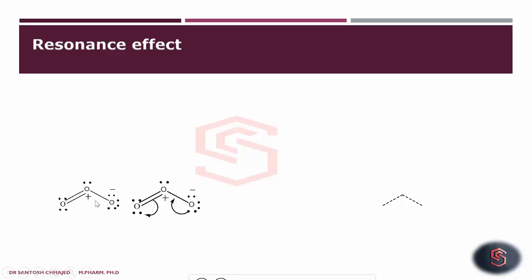Now what is the case? There are three oxygens. The middle one is electron deficient, so a positive charge is there. The one at the other end, the right-hand side, is rich in electrons. It contains excess electrons, so it is again unstable. Now these two are unstable for different reasons. One is electron rich, another is electron deficient.